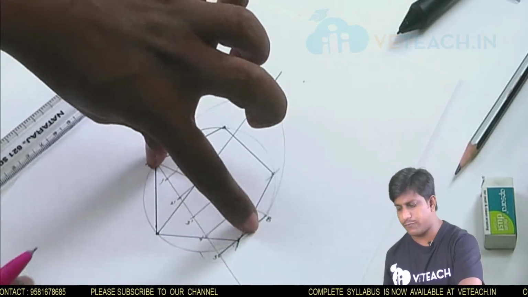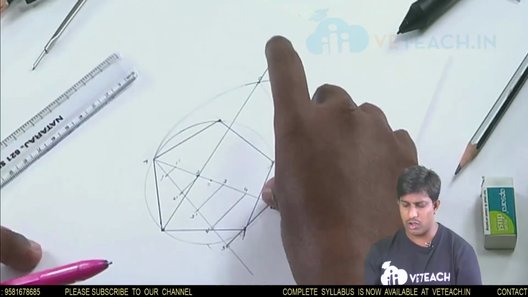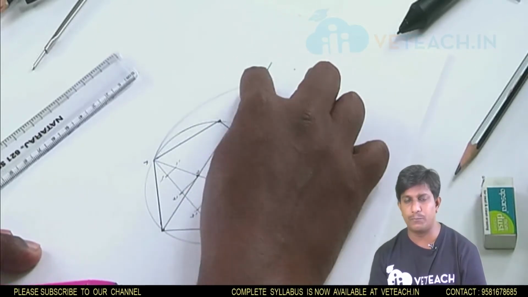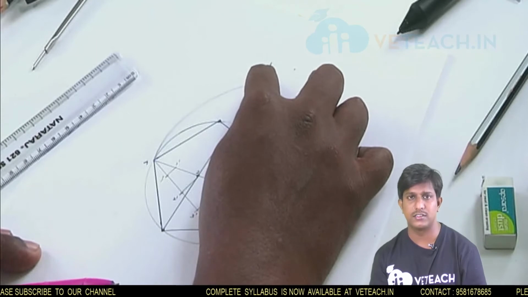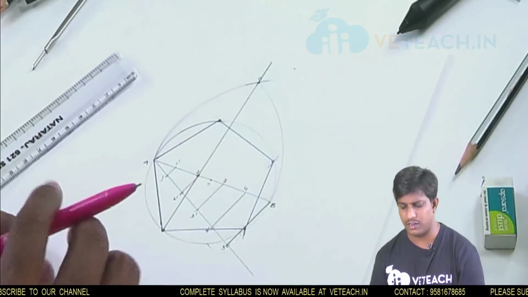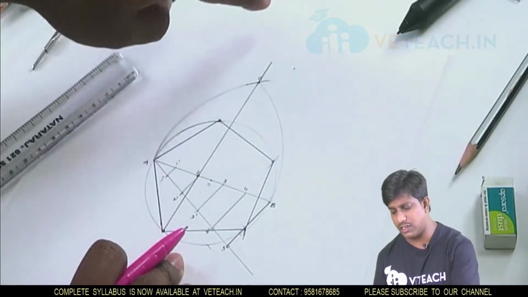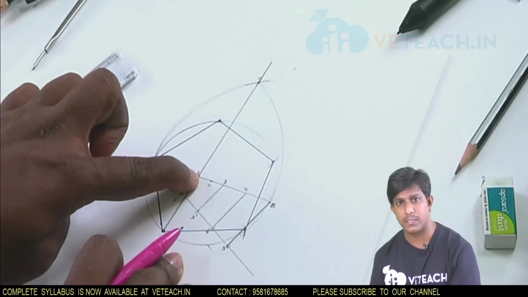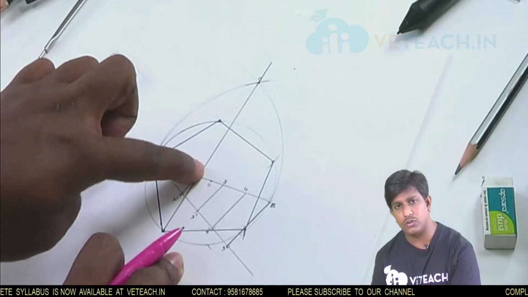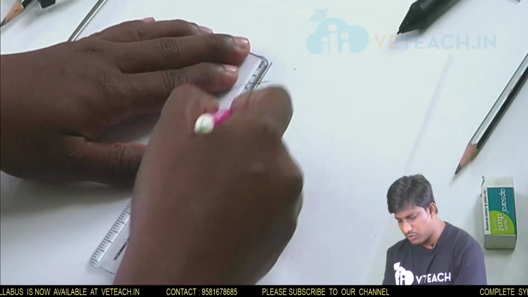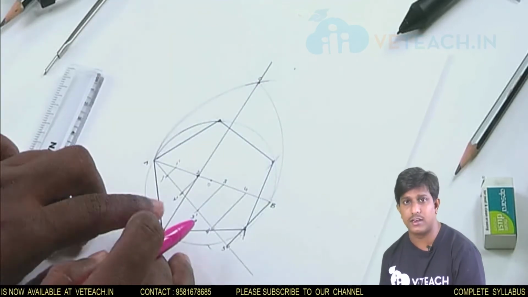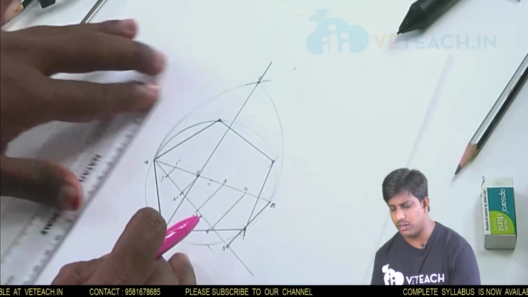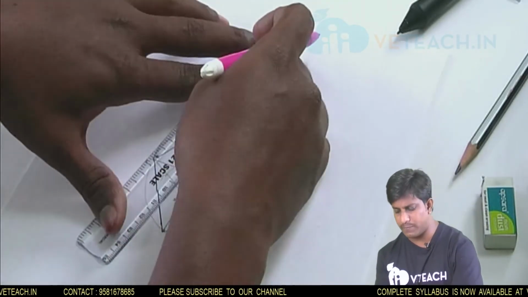Again draw an arc from B and another arc from A. Then they will meet at a point at the top, which we can name C. Then the same procedure for the hexagon also: by touching 2 from C, draw a line up to the circle. For the hexagon, it may be like this.